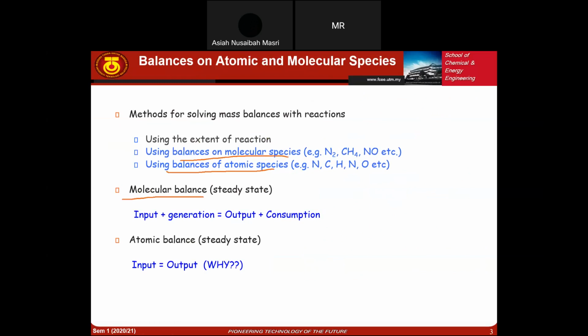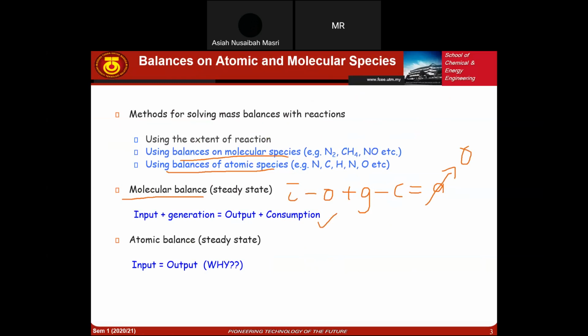We know that the standard general mass balance is input minus output plus generation minus consumption equals accumulation. And if the situation is steady state, then accumulation will be equal to 0. So rearranging this equation, we will get input plus generation equals output plus consumption. So that's basically the molecular balance.